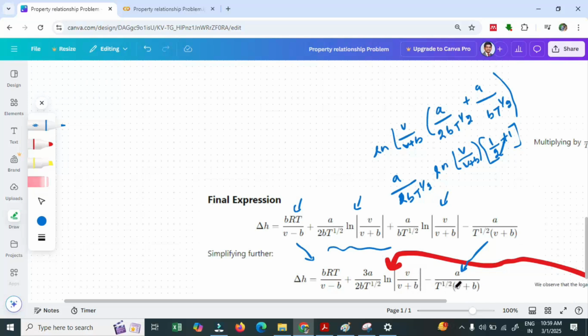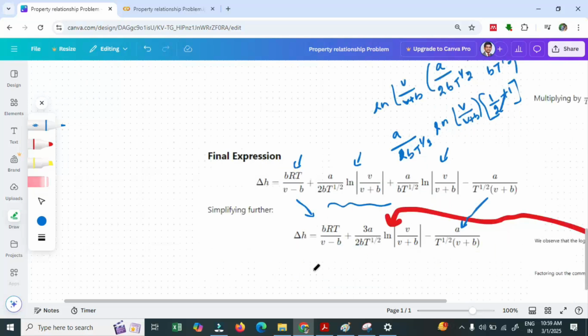What we had earlier is state 1 to state 2. This is state 1, this is state 2. Here we have volume, here we have temperature.